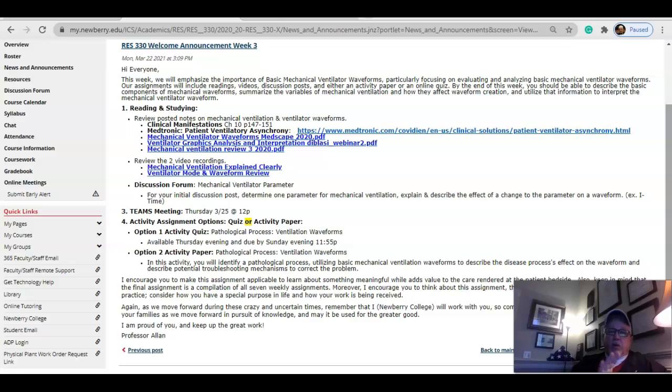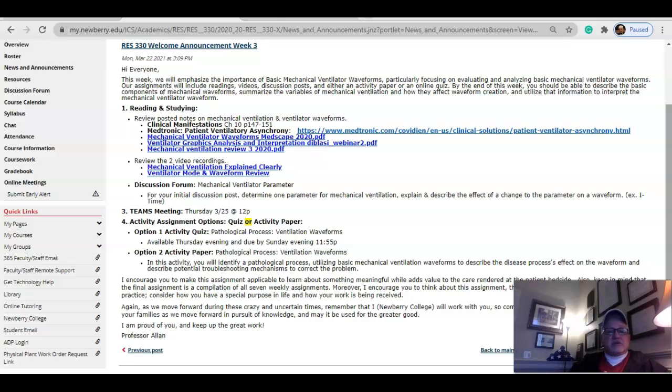What we're going to be working on this week is basic mechanical ventilator waveforms, analyzing those waveforms, as well as looking at patient ventilatory asynchrony and how it affects our patients.